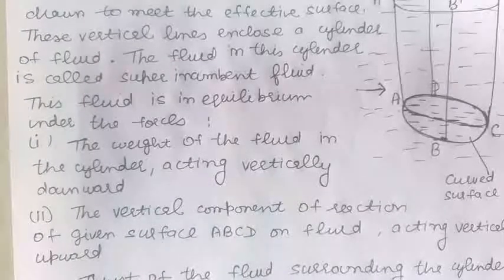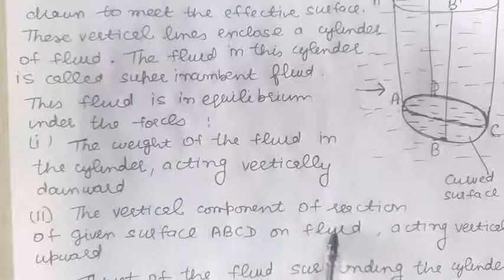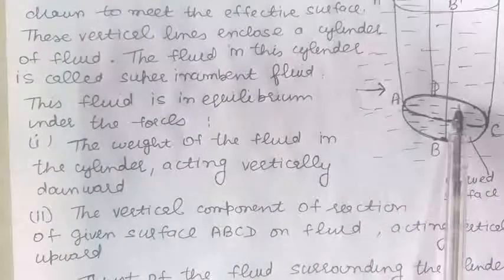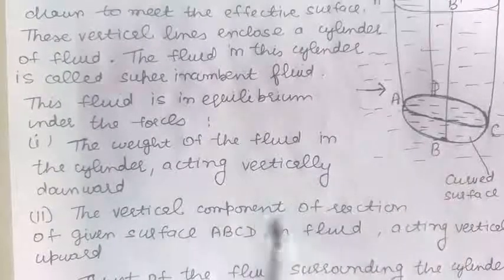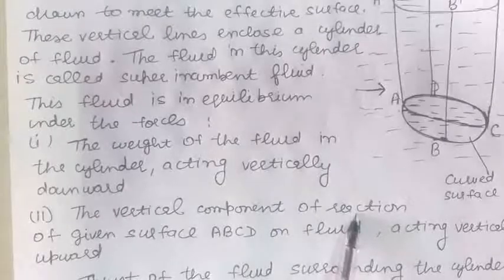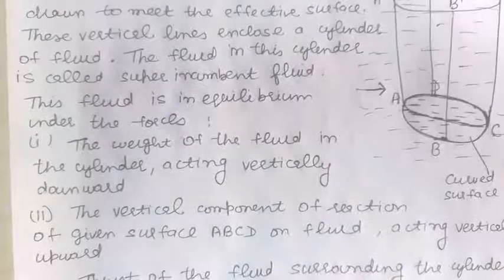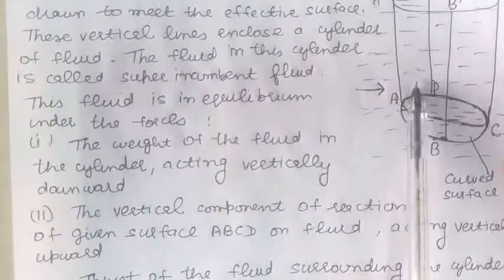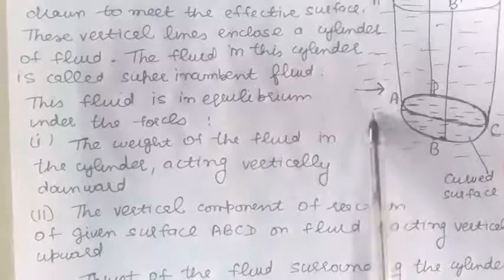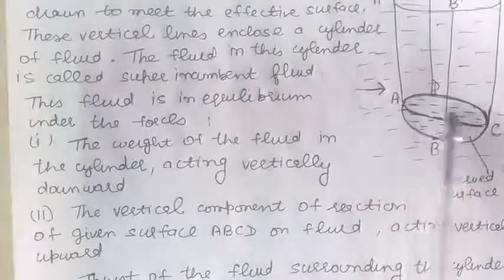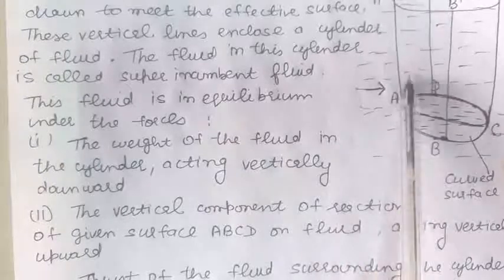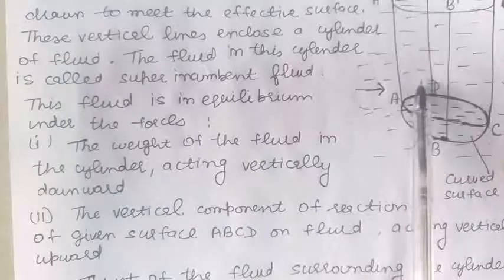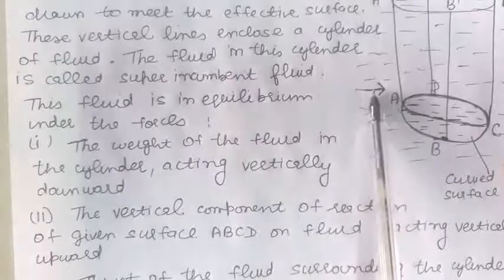Second force, the vertical component of the reaction of the given surface ABCD on the fluid, and this vertical component of reaction will act vertically upward. Also, the thrust of the fluid which is surrounding this cylinder, the thrust of this fluid on the curved surface of the cylinder, will act horizontally.